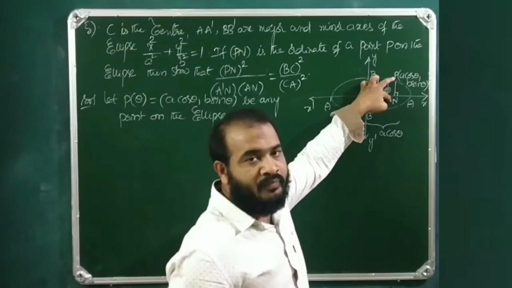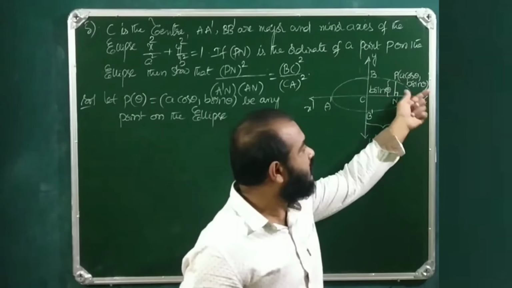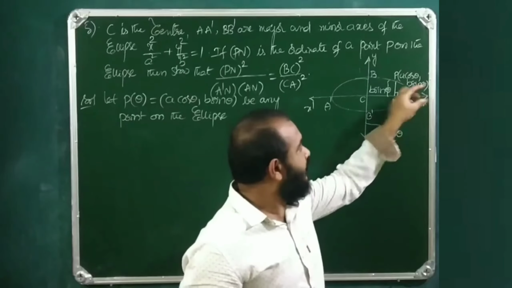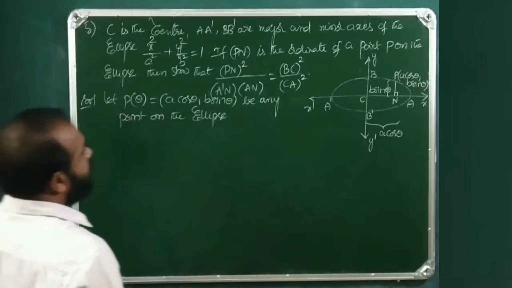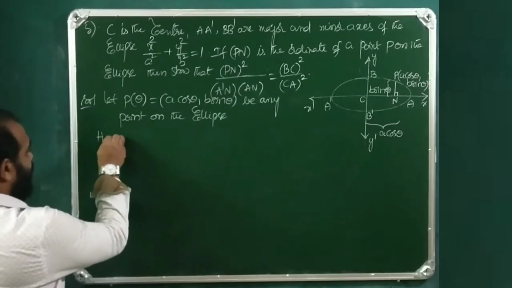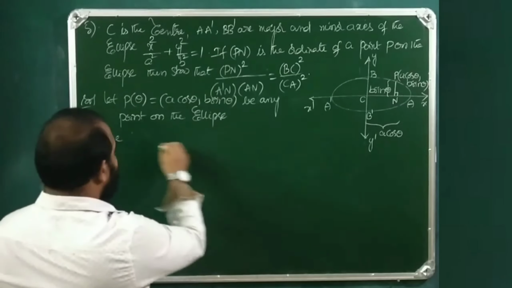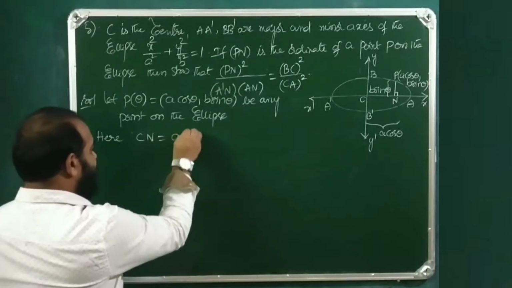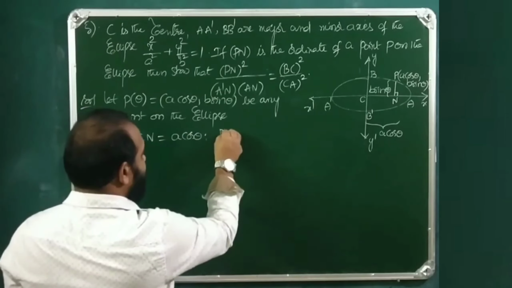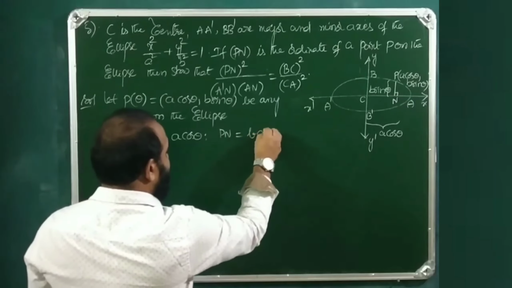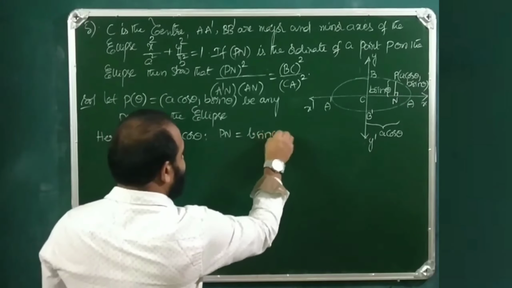Pn is the ordinate of P, that is y coordinate, B sin theta. So let us write that. So here Cn is equals to A cos theta, Pn is equals to B sin theta.